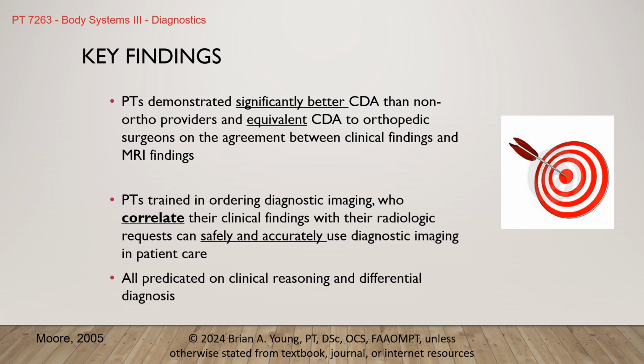PTs trained in ordering imaging and who can correlate their findings really can do this safely and accurately. And if we can do this well, we're now minimizing risk to patients. And what risk might those be? Well, radiation exposure, delayed time to diagnosis from when they present to the medical system, and we can get more accurate and appropriate treatment for these individuals. So lots of benefits about using imaging appropriately.